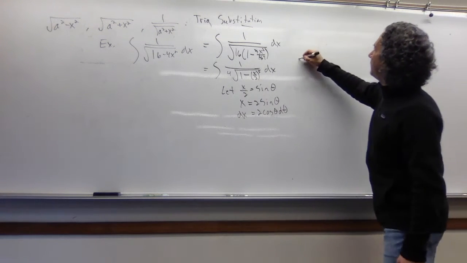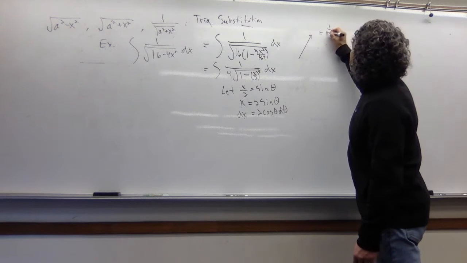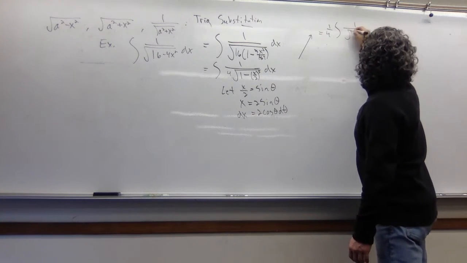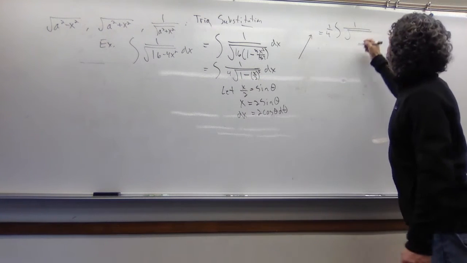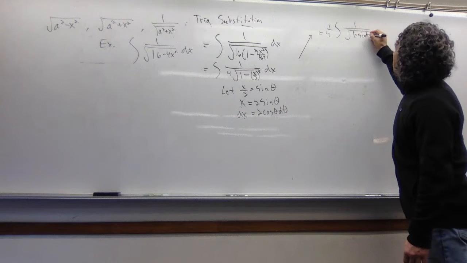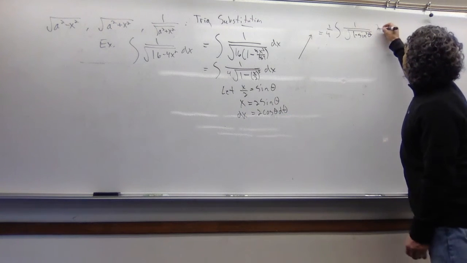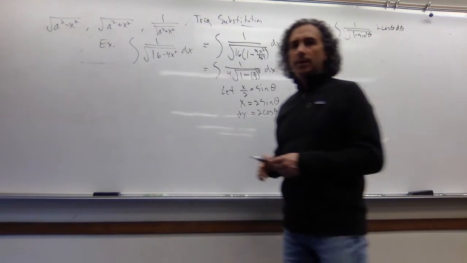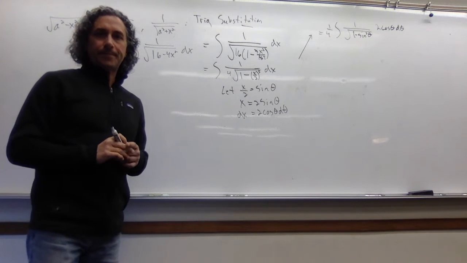So let's see what we have. This is equal to, well, I'm going to pull the 1/4 out because it's just a constant going along for the ride. And this is 1 minus sine squared. My dx is 2 cosine theta d theta. Let me give you a second. I want you to simplify that.